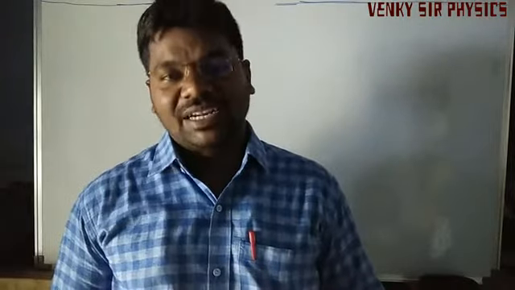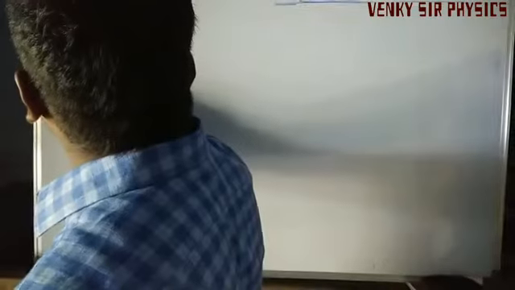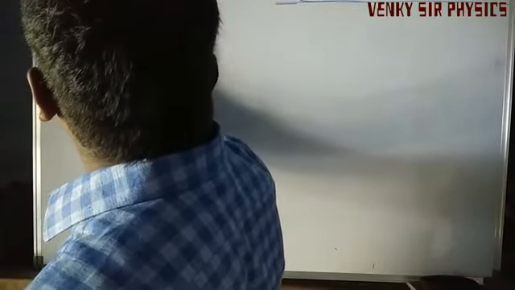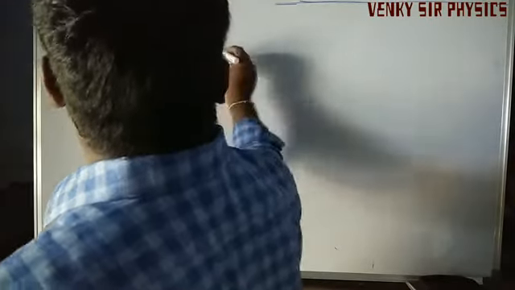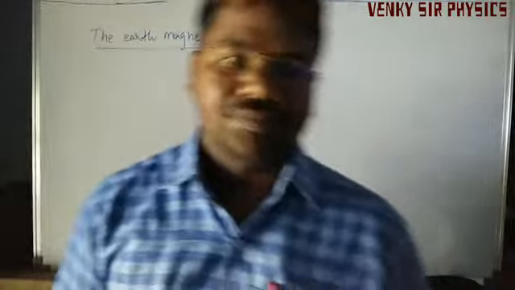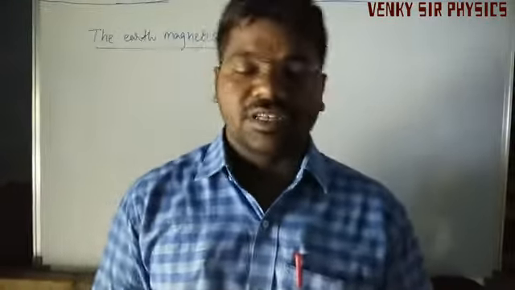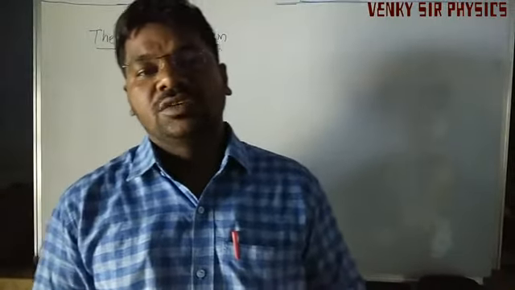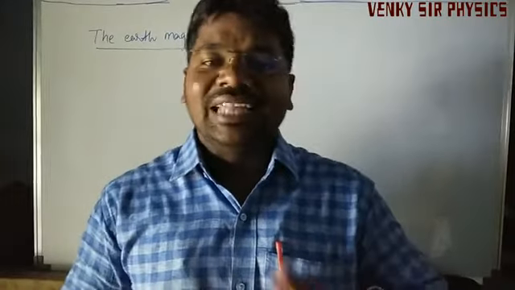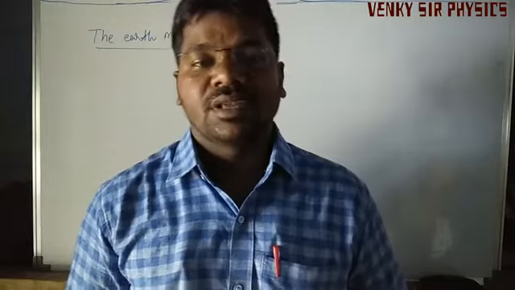The Earth's magnetism. In 1600, Sir William Gilbert was the first to suggest that the Earth itself is a huge magnet.